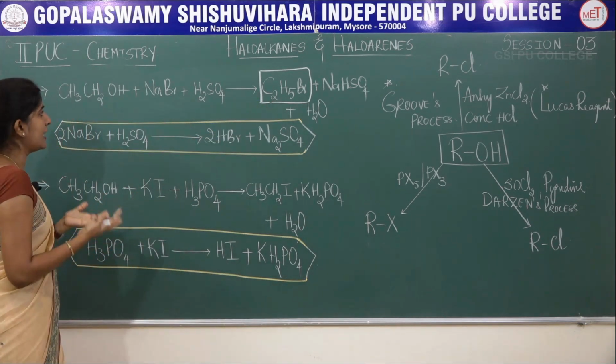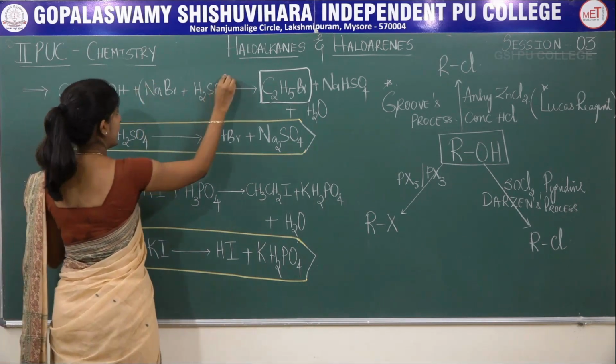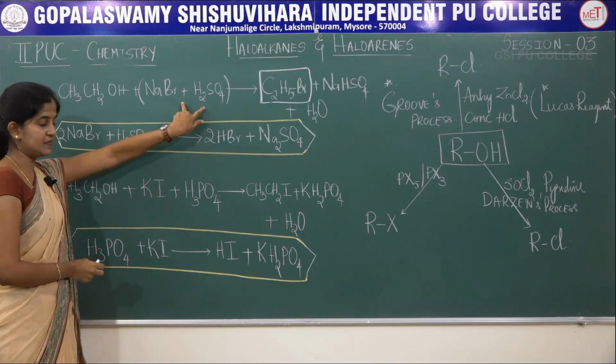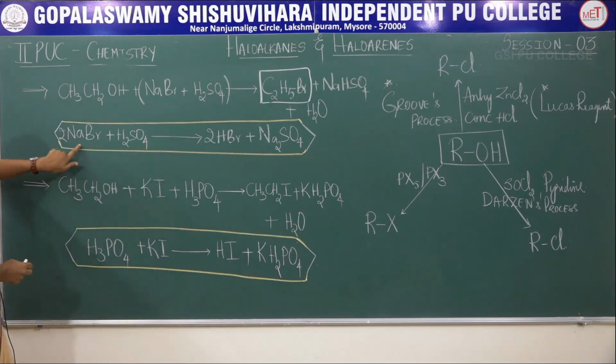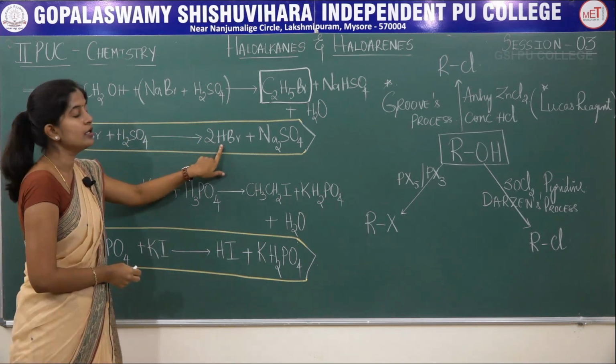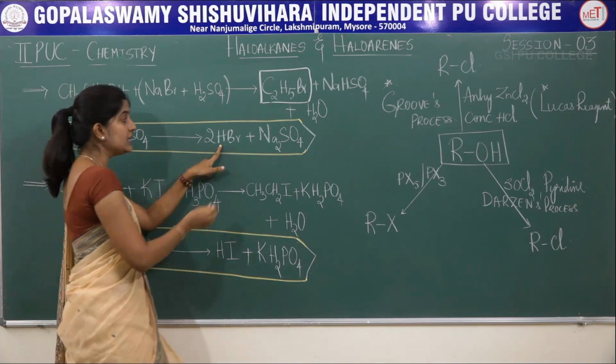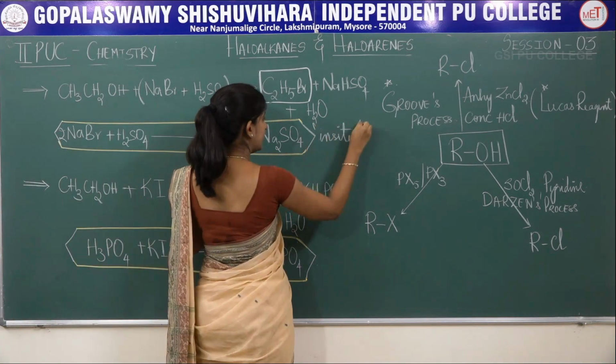So where is the hydrogen bromide, that is hydrobromic acid? If you have that question, these reagents which I have used react between themselves like this: sodium bromide reacts with sulfuric acid to produce hydrobromic acid in situ. You call this in situ preparation, a very important word.